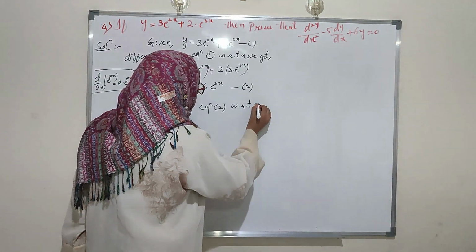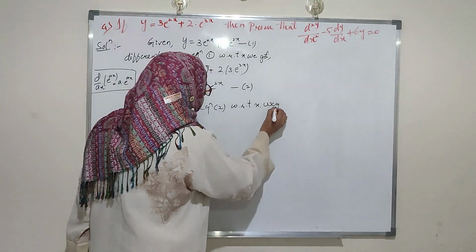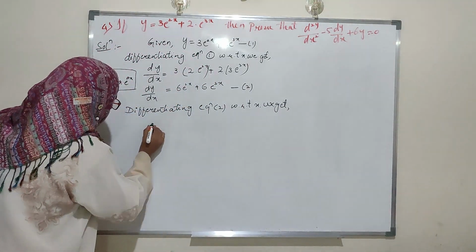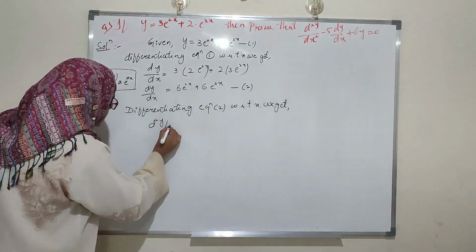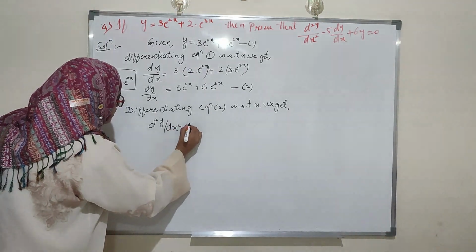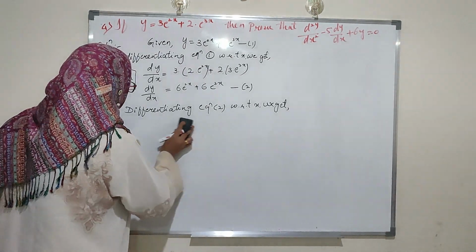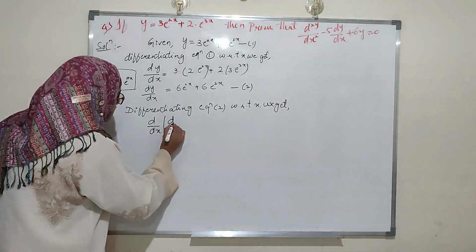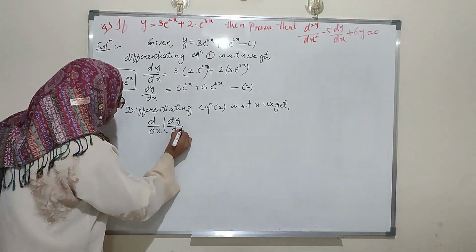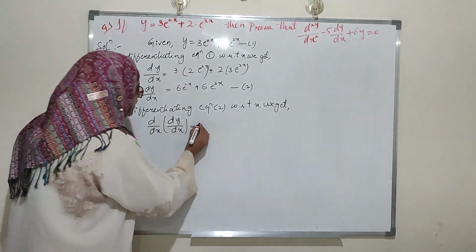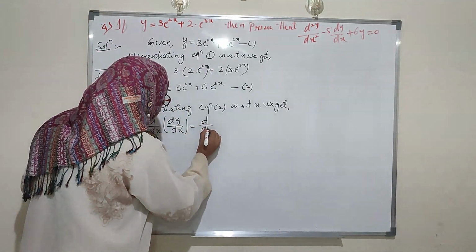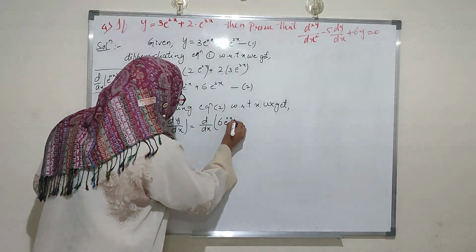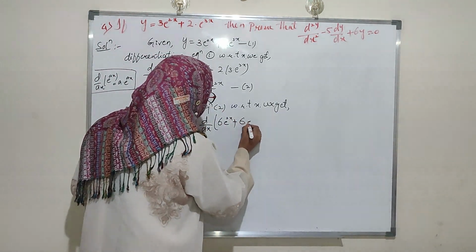We get d2y by dx square, that is d by dx of dy by dx, is equal to d by dx of 6 e raised to 2x plus 6 e raised to 3x.